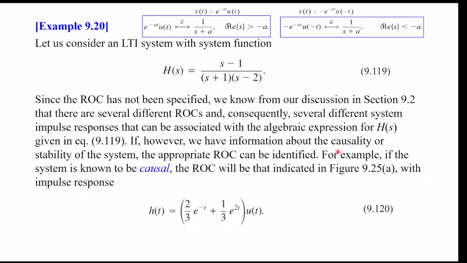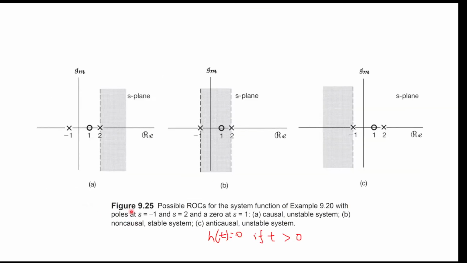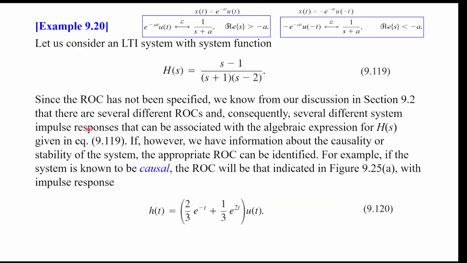Assume we have some H of s, look at this: s minus 1 over s plus 1 times s minus 2. A pole-zero plot for this looks kind of like this. We have a zero at 1 from this s minus 1, and poles at minus 1 and plus 2.